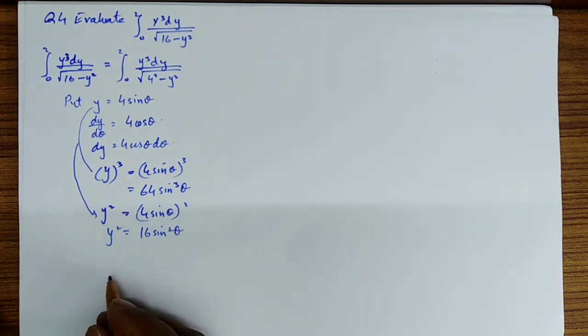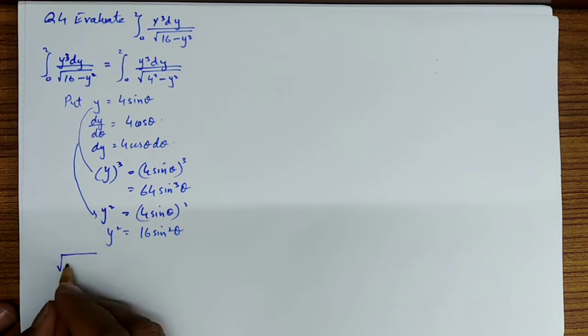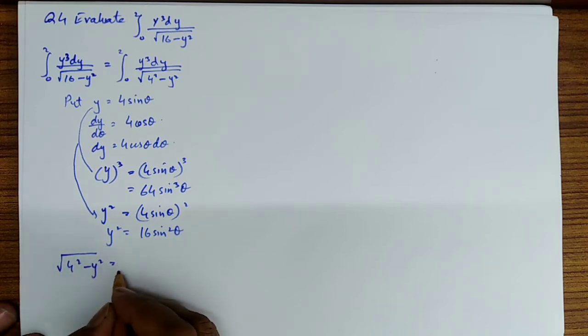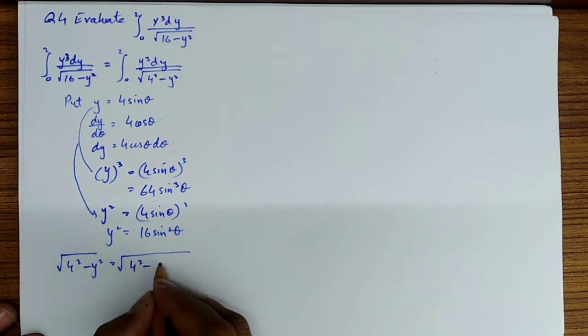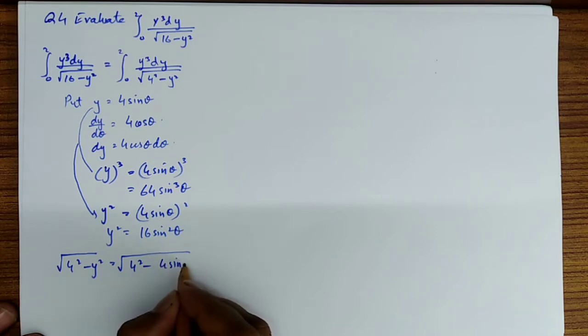So putting all these values into the given question, 4 square minus y square is 4 square minus 4 sine theta whole square.